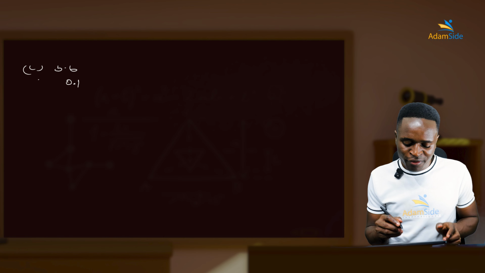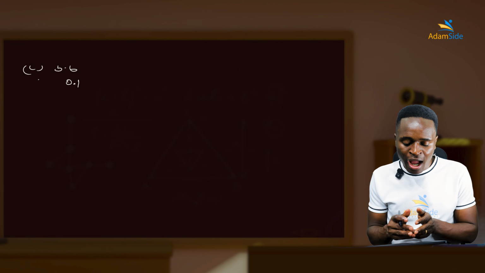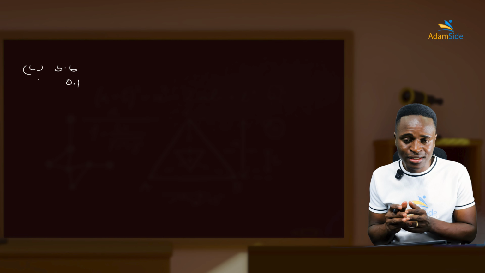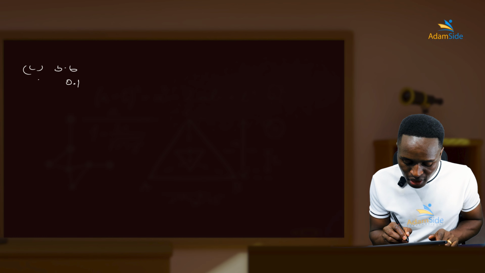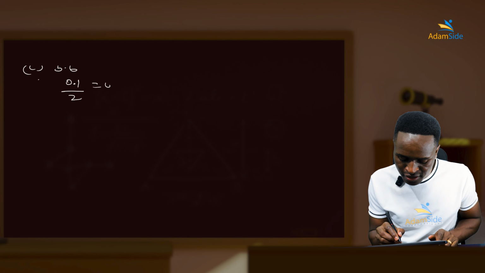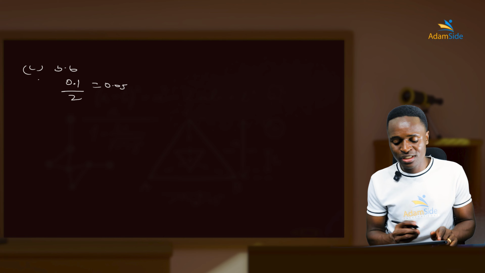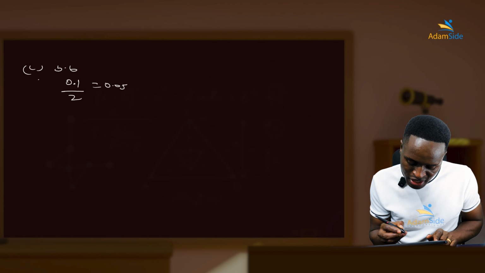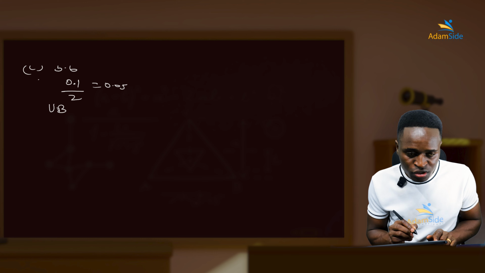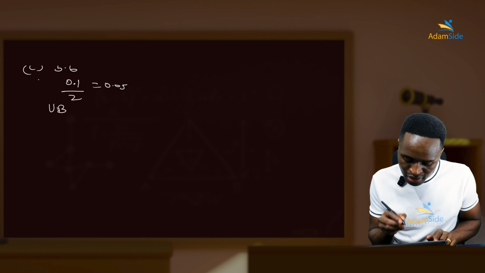Now you have 5.6. How do I get the limit here in this scenario? The degree of accuracy here is tenth, 0.1. So take 0.1, divide by 2. What do you get? You get 0.05, which is different from a whole number, right? So then you say, I need to find now the UB. This is my limit. My limit is 0.05. I need to find the upper bound.